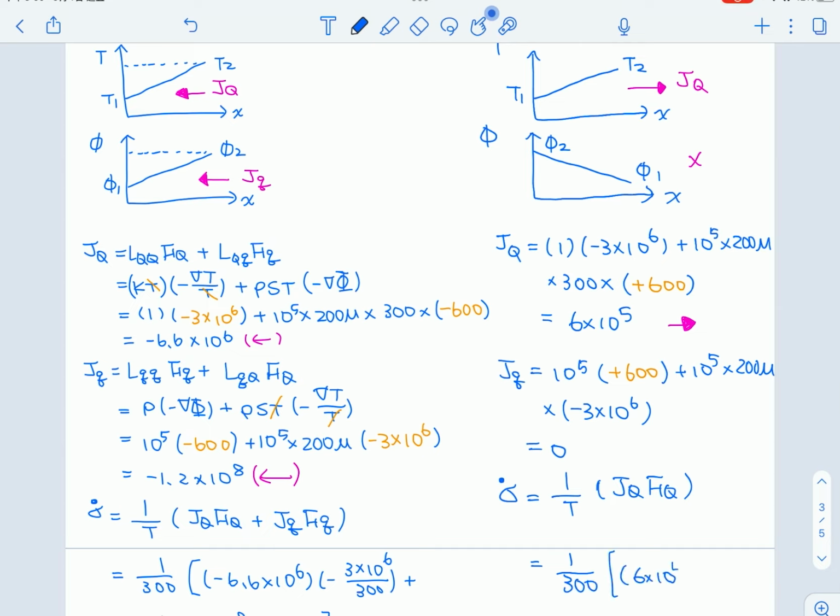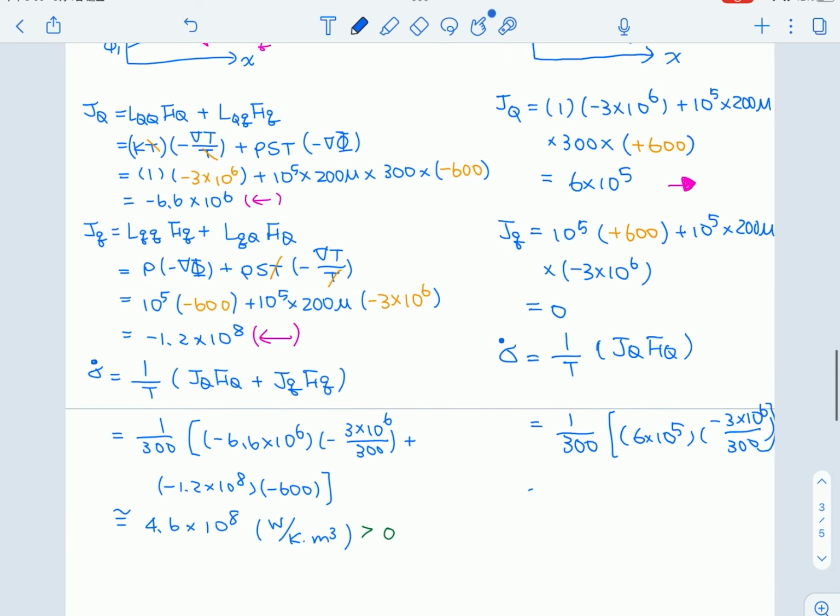Six times 10 to 5 minus. So the result would be around here. But interestingly, the entropy production rate is negative.